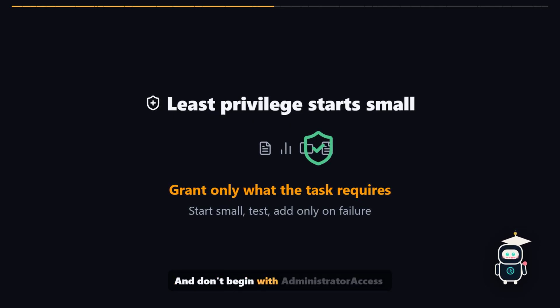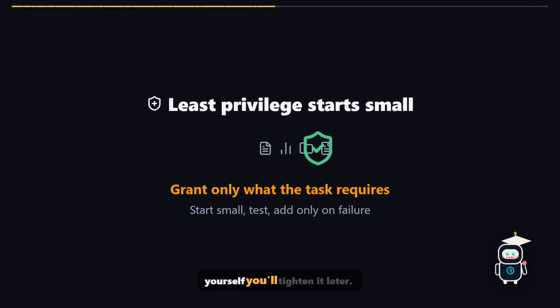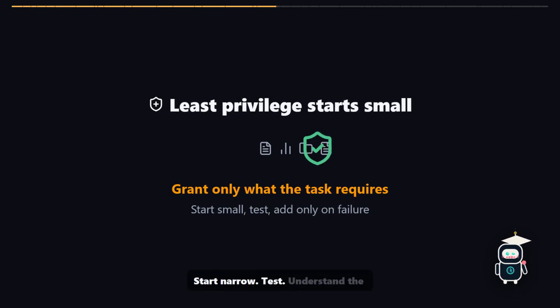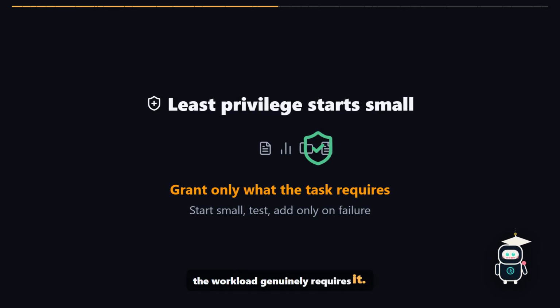And don't begin with administrator access because it's convenient, and promise yourself you'll tighten it later. Start narrow. Test. Understand the failure. Then expand only when the workload genuinely requires it. That's least privilege as an engineering process, not just an exam definition.